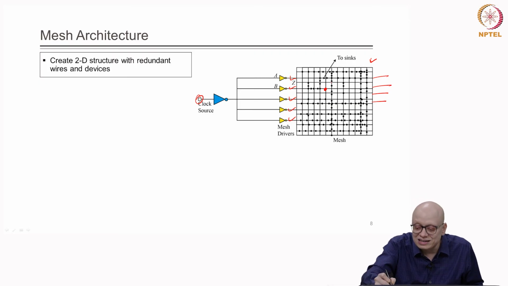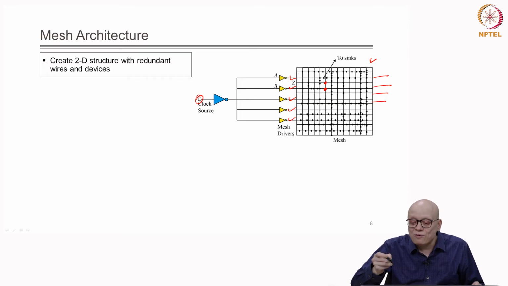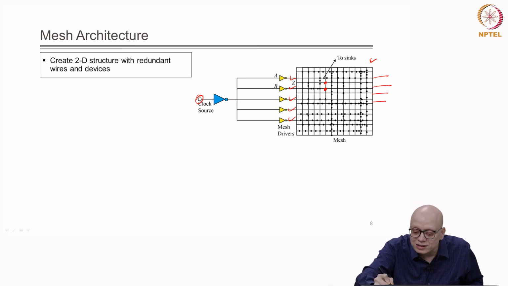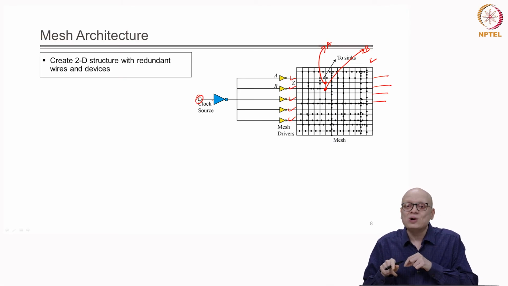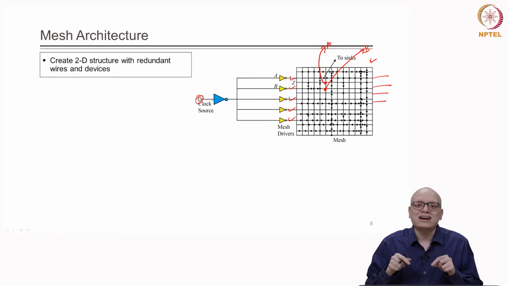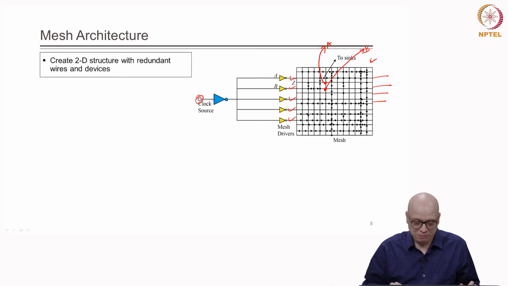Similarly, if we take any other point, for example this one, there will be many paths shared between this point A and this point B. From the clock source to points A and B, there will be many shared paths, and therefore their delay will get correlated, and the impact of process induced variation is expected to come down.